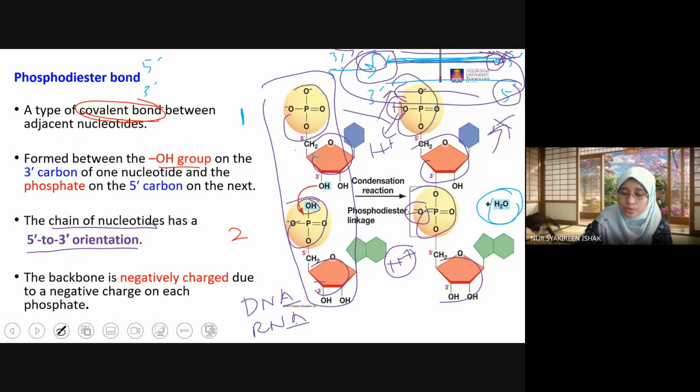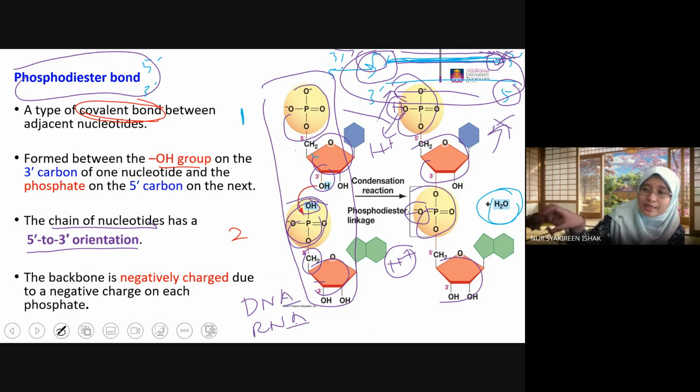I emphasize again the bond between the nucleotides, we call it the phosphodiester bond. The bond will be formed between carbon number 3 of the previous nucleotide in the chain and the phosphate group attached to carbon number 5 of the nucleotide that you are going to add to the chain.